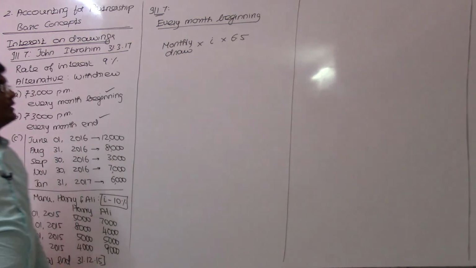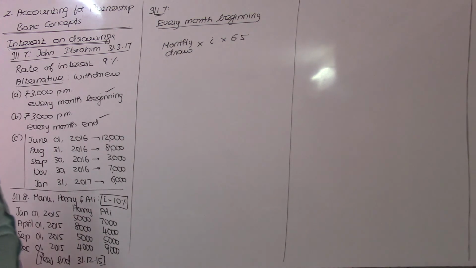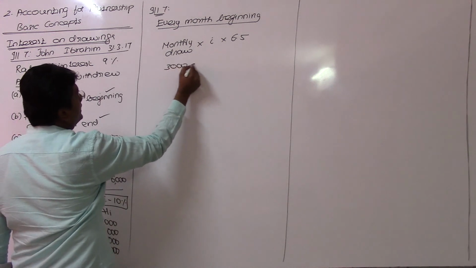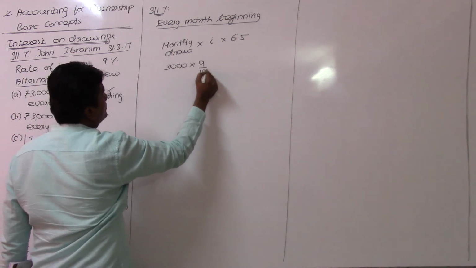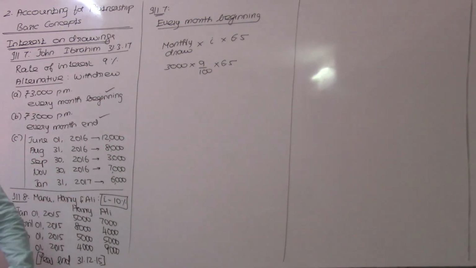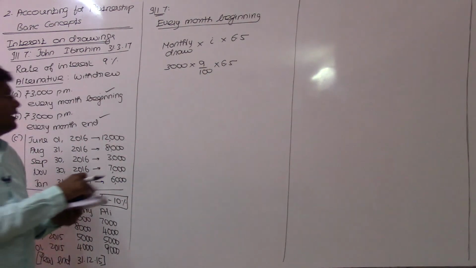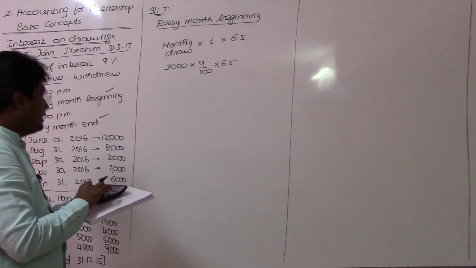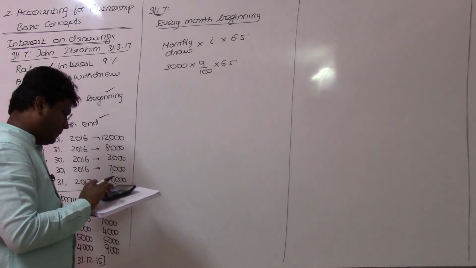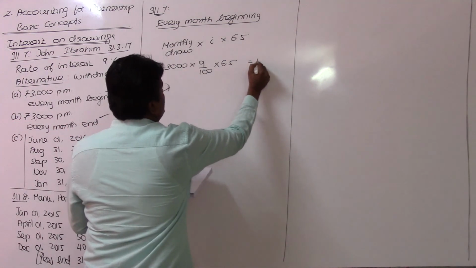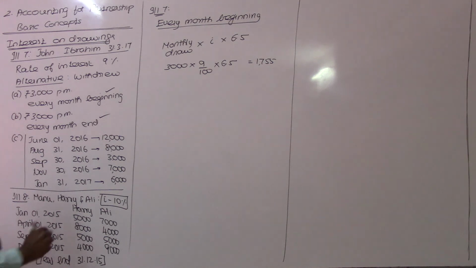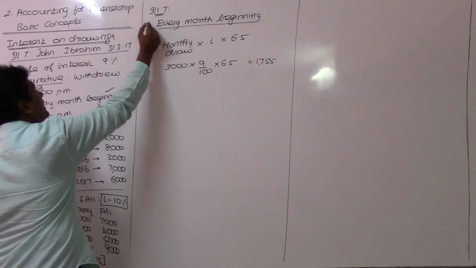If it is total drawing, you have to again multiply by 1 by 12. So, the monthly drawing in this case is 3,000. Rate of interest is 9% into 6.5, the constant number we have to keep in mind. So, the final answer is 3,000 into 9% into 6.5, 1,755 is the answer.